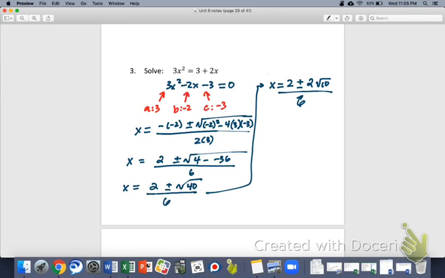And lastly, you probably can recognize that there's a common factor of 2 in all the terms. So what I can do is I can cancel this and this with this, giving me a final answer of x equals 1 plus or minus 1 root 10 all divided by 3. That would be my most simple answer, my most simple solutions for this particular question.